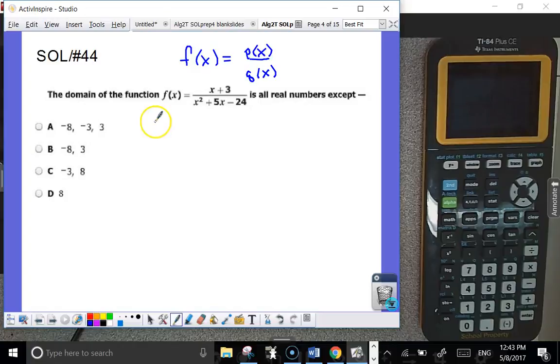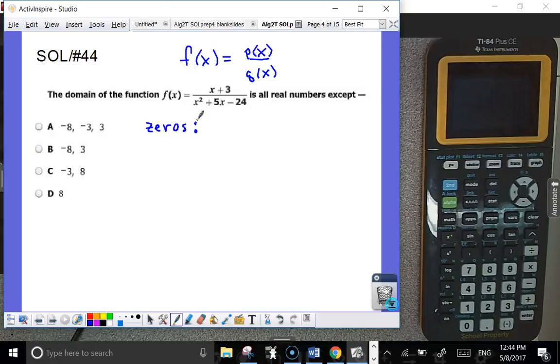How do you find the zeros of a rational function? What's that? Factor the denominator? No. Rational means it's a fraction, right?